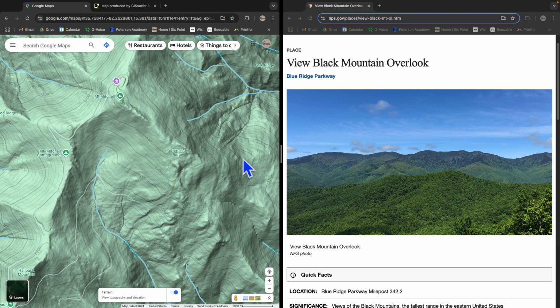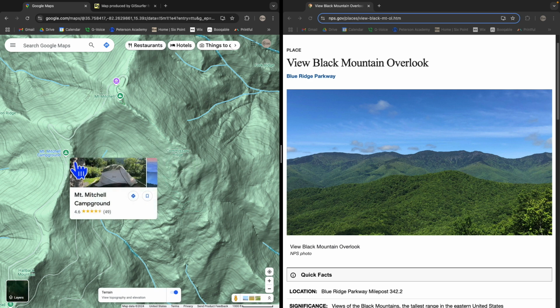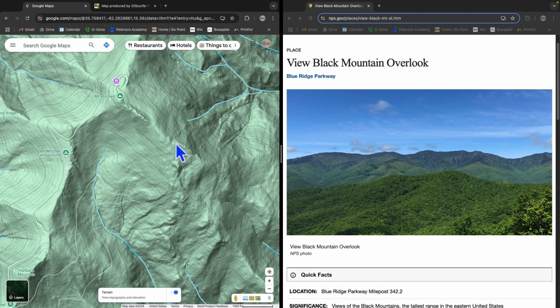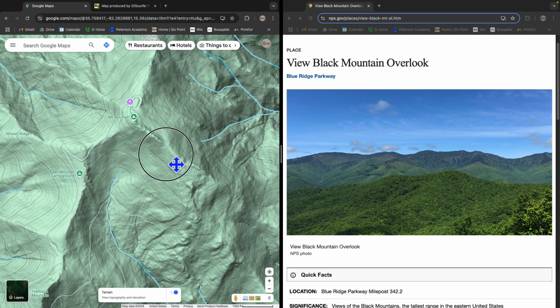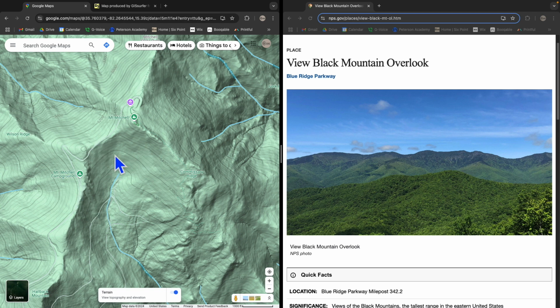All right, so what I'm looking at, I am checking this contour line right here. This campground is going to be below this ridge line, right? Again, we have those V's pointing away from our peaks. That's going to be a ridge line coming down. This is all behind this ridge line, so we're not going to see any of this back here.